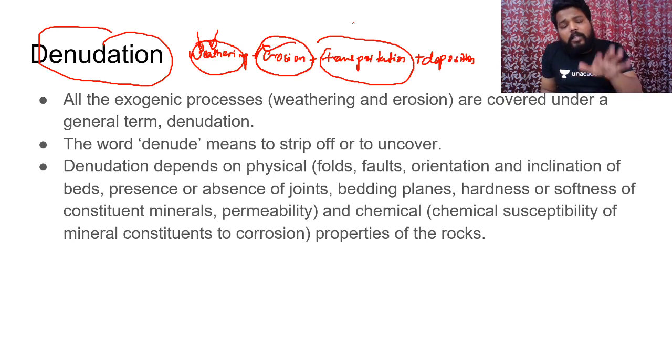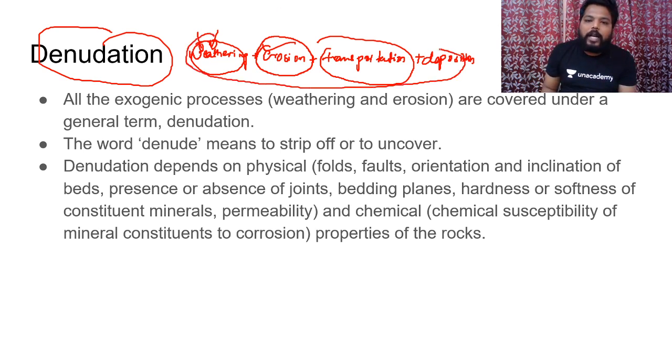And if that external force loses its capacity, then dropping that sedimentary material in one region is called deposition. So the combined process of weathering, erosion, transportation and deposition is the process of denudation.